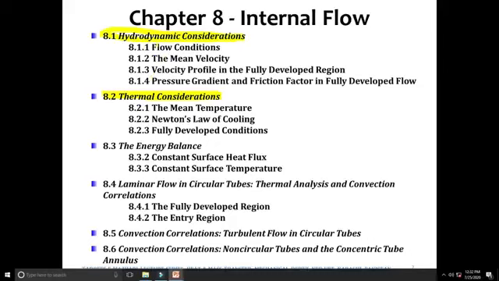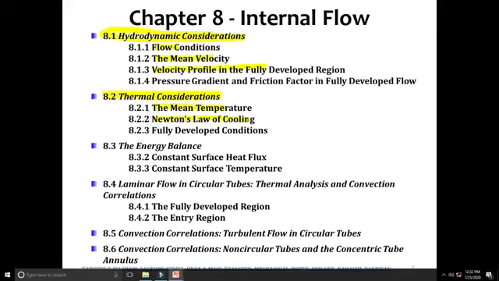So in here we would be discussing some flow conditions, the mean velocity and the velocity profile in the fully developed region, and then the pressure gradient and friction factor, the mean temperature in heat transfer, the Newton's law of cooling.